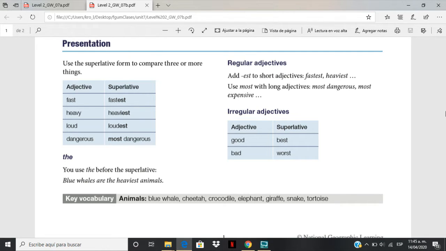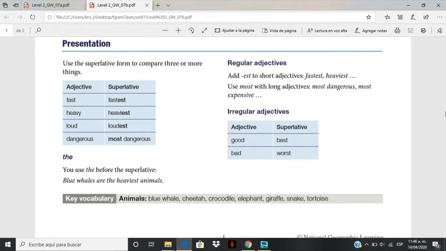For these regular adjectives, we have to add est to short adjectives. It's the same rule for comparatives. Yes, just pay attention to the syllables. Fast, one syllable, we add est, fastest. Heavy, two syllables, heavy ending in y, we change the y, heaviest.